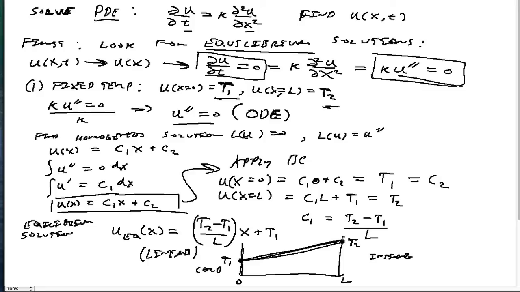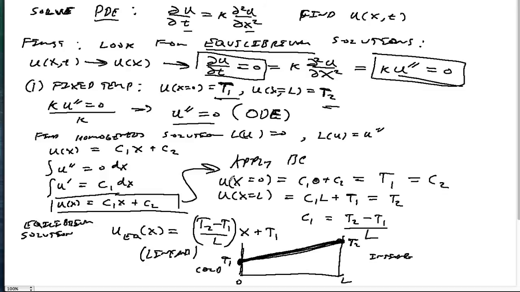We can imagine that if this wall was a homogeneous medium, let's say it's brick or something like that, more or less homogeneous from outside to in, then the temperature should just be a linear decline. So that gives you a realistic result out of a simple PDE.